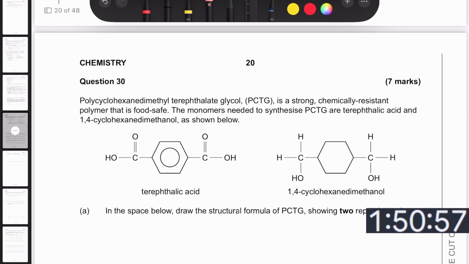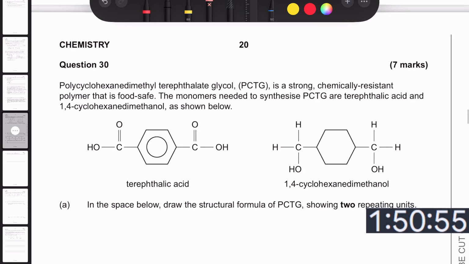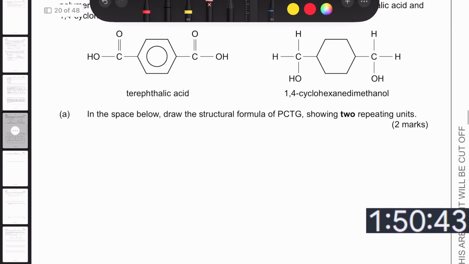Page 20. Polycyclohexane dimethyl terephthalate glycol. What? It's a strong chemically resistant polymer that is food safe. Terephthalic acid. Build a structural formula drawing showing 2 repeating units.